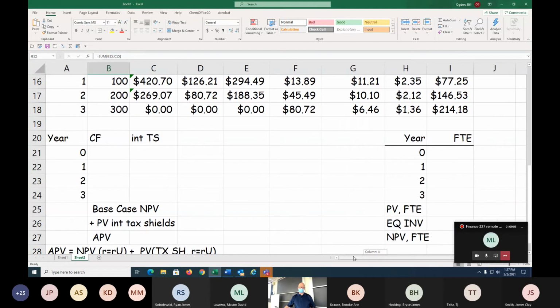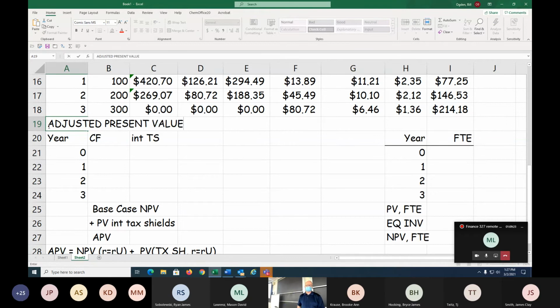And this other method, let's summarize and write that out. This is called the adjusted present value. And this is the main method that's of focus in Chapter 19. So it's an alternative to the NPV.